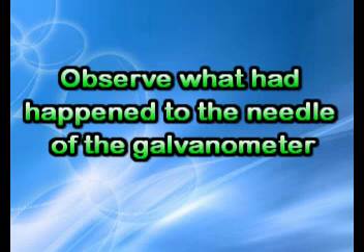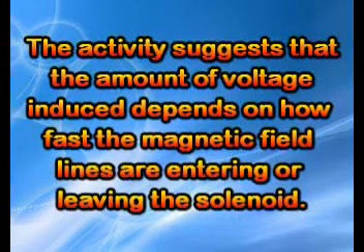Observe what had happened to the needle of the galvanometer. The activity suggests that the amount of voltage induced depends on how fast the magnetic field lines are entering or leaving the solenoid.